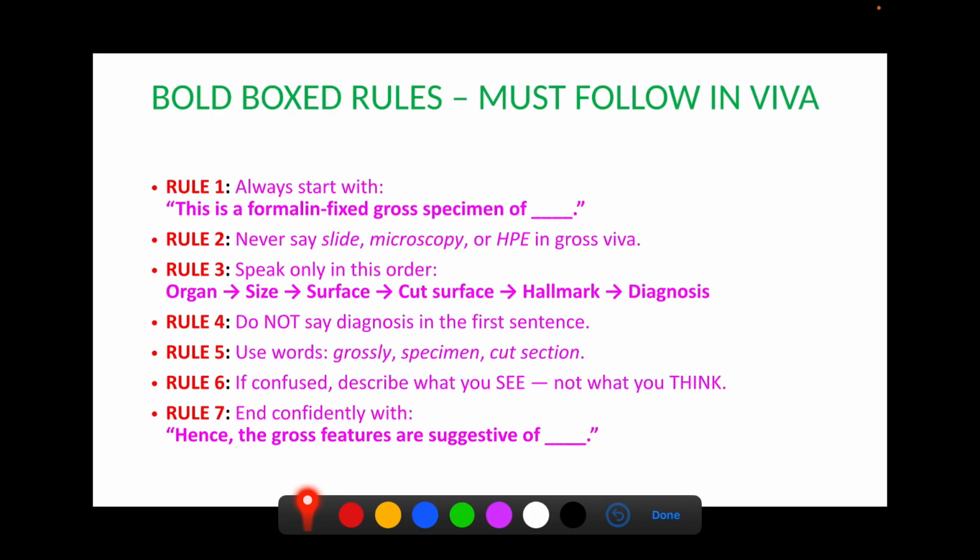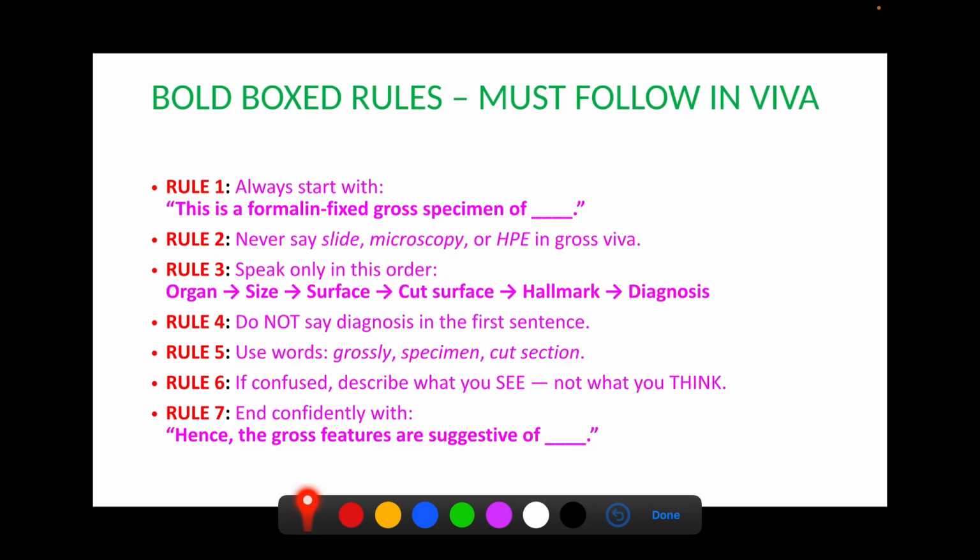So these are the bold box rules you must follow in viva. Rule number 1, always start with this is a formalin fixed gross specimen of. Rule number 2, never say slide, microscopy or HPE in gross viva. Rule number 3, speak only in this order: organ, size, surface, cut surface, hallmark and diagnosis.